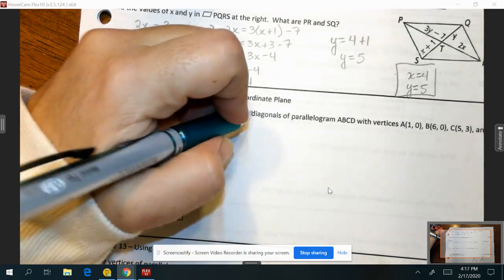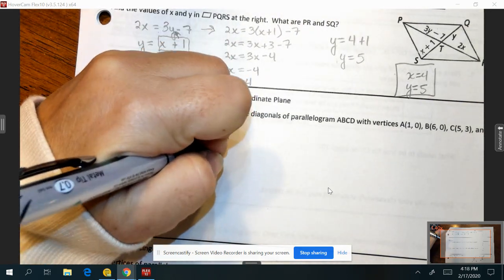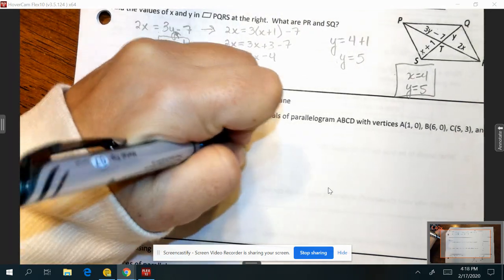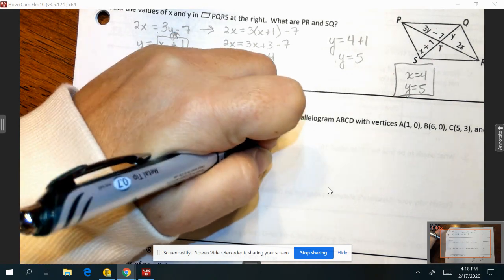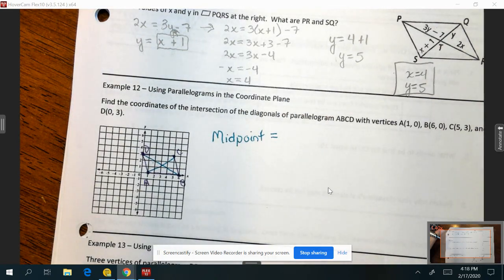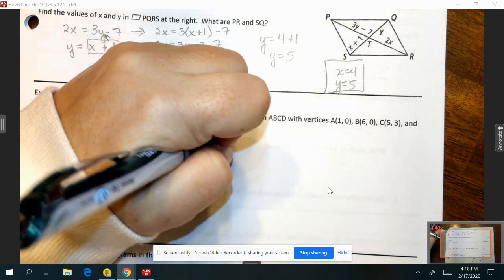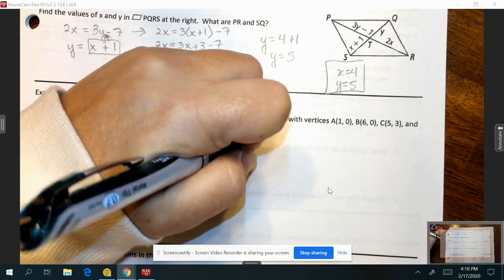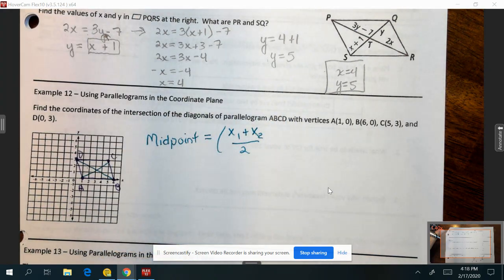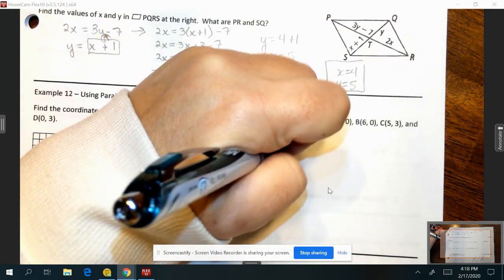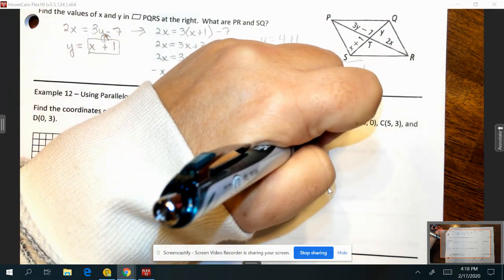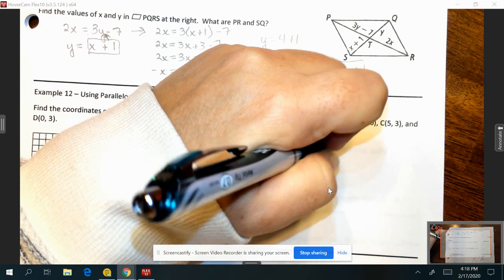So we're going to use the midpoint formula. If you don't remember that one, right, midpoint. It goes x1 plus x2 over 2 and y1 plus y2 over 2.